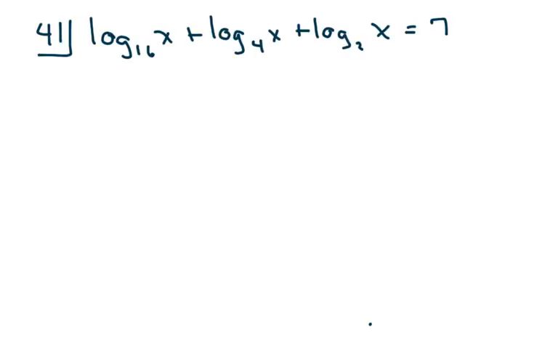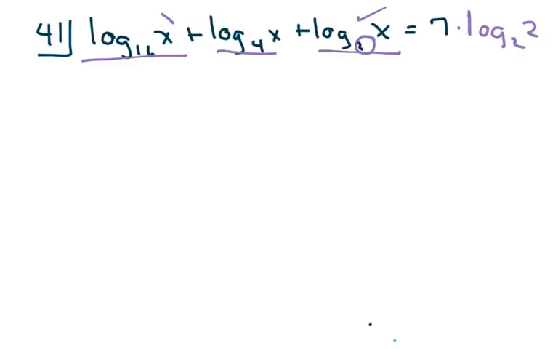So like I said in the previous slide, I'm going to do change of base for these two. Now I'm going to convert it to base 2, so I'm going to leave this guy alone. And this guy I'm going to go ahead and write as times log base 2 of 2. I'm just multiplying this by 1.